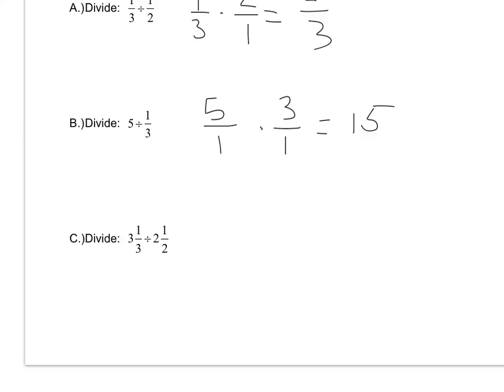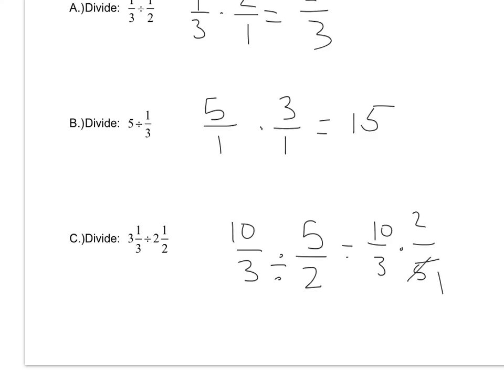Change it to improper fraction, so you get 10 over 3, divided by 5 over 2, so this is 10 over 3 times 2 over 5. Simplify, 4/3.